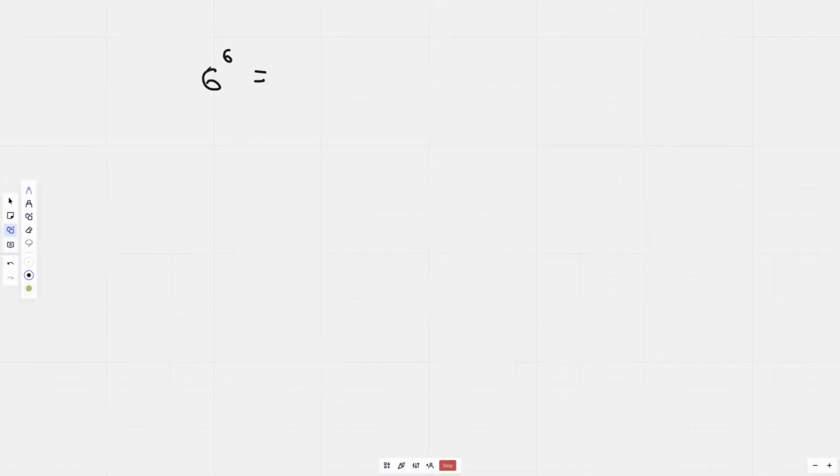For example, 6 to the power of 6 is equal to 6 multiplied by 6 multiplied by 6 multiplied by 6 multiplied by 6 multiplied by 6. This is 6 times.